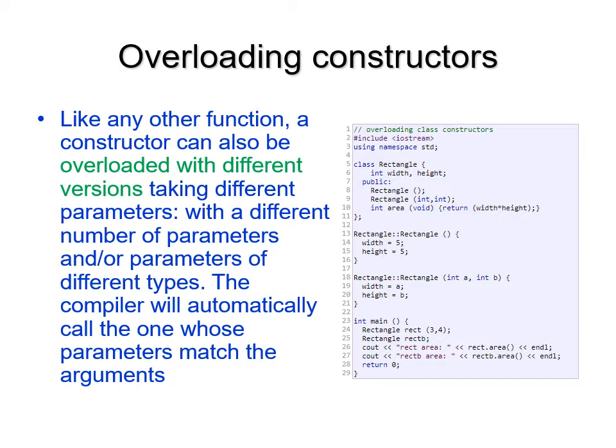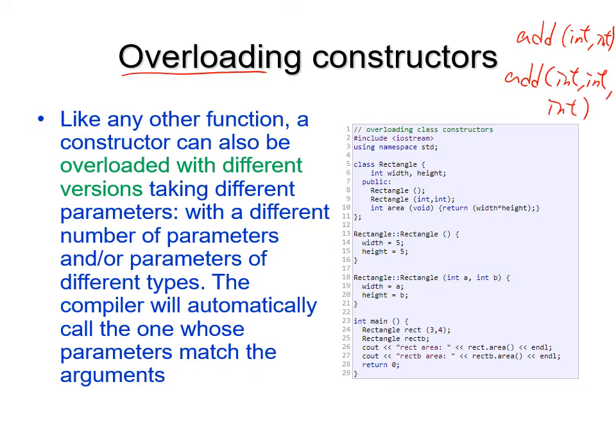Now, like other functions, we can overload different versions of the constructor. Overloading is a feature of C++ where you have multiple versions of a function. For example, for addition, you may have 2 parameters, or you may have 3 parameters.